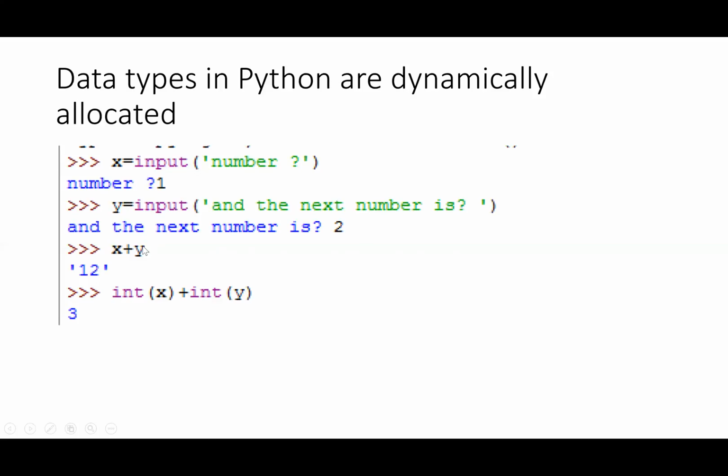And the giveaway here is that the value returned by the shell has these quotation marks around it, meaning I am a string. If I use this function, int, to convert the string to an integer, so I take int of x plus int of y and hit return, I get 3 as I originally expected.